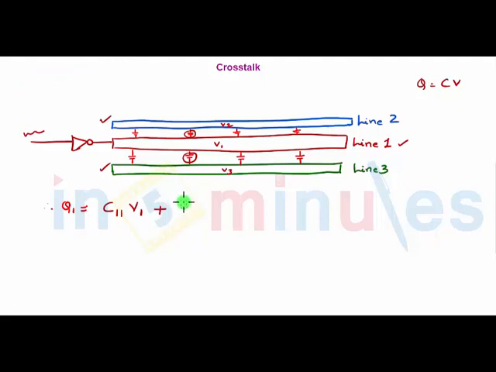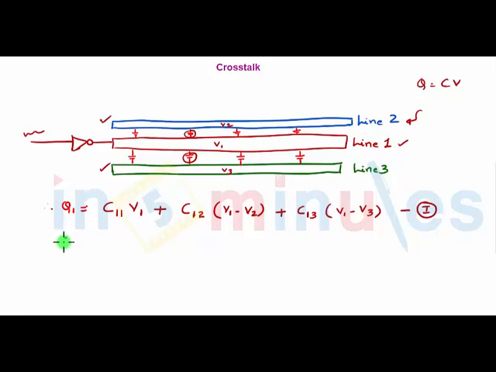So that is nothing but, let's take first line 2. So line 2 mutual capacitance, we'll call it as from line 1 to line 2, so C12, and difference in the voltage between line 1 and line 2, which is given by V1 minus V2, plus it also affects line 3. So let's write the capacitance value of line 3 with regards to line 1, so that is nothing but C13, and the voltage change of line 3 with regards to line 1, so that is V1 minus V3. Let's call this equation 1.